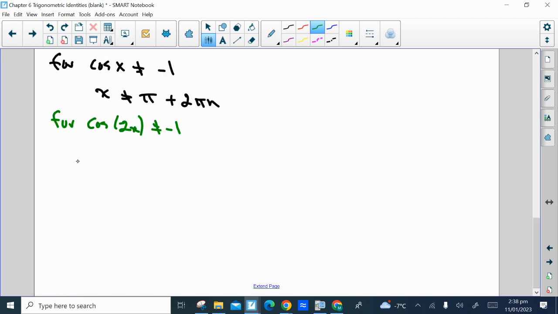So we would say then x cannot equal pi over 2 plus 2 pi n over 2, or pi over 2 plus pi n. There's the restrictions.